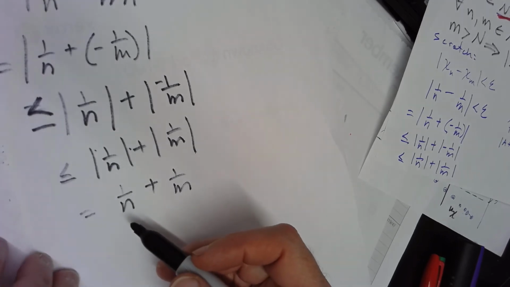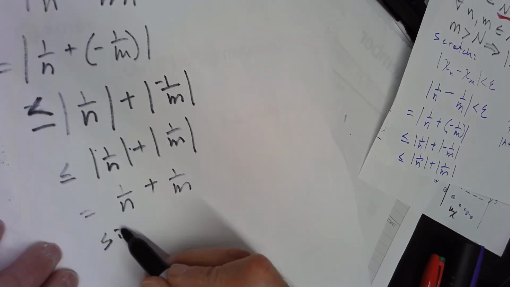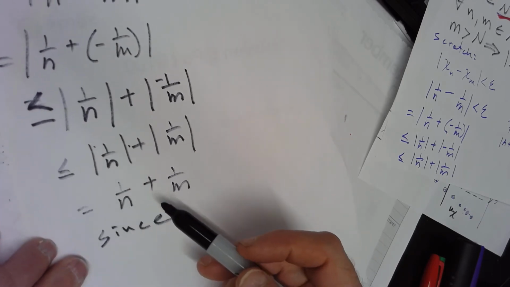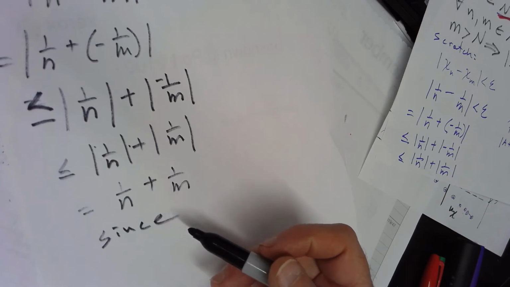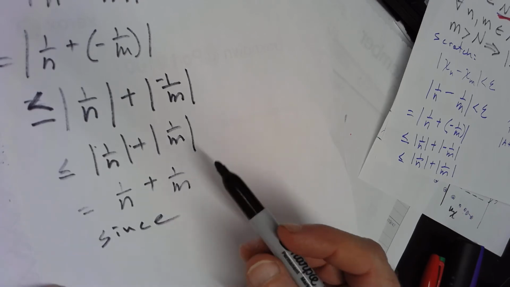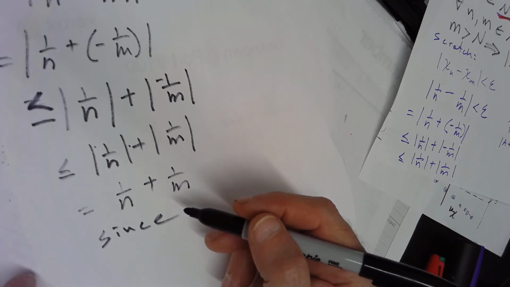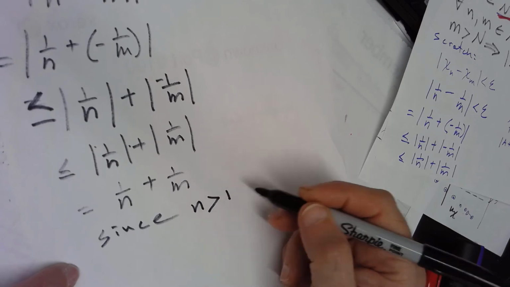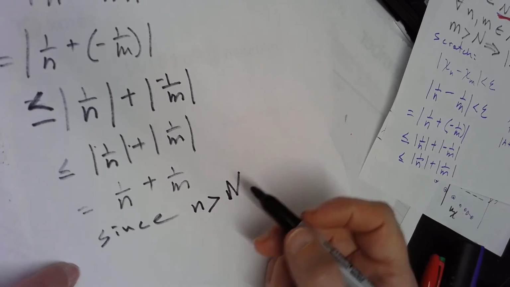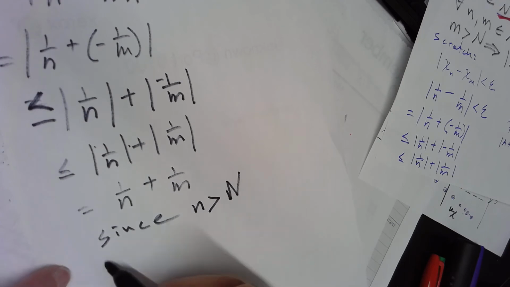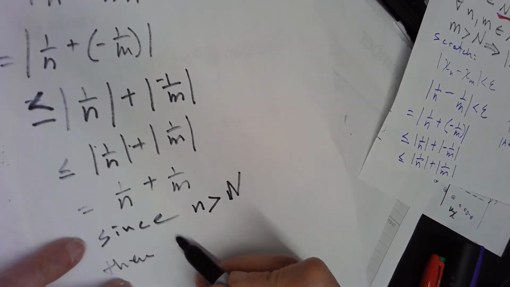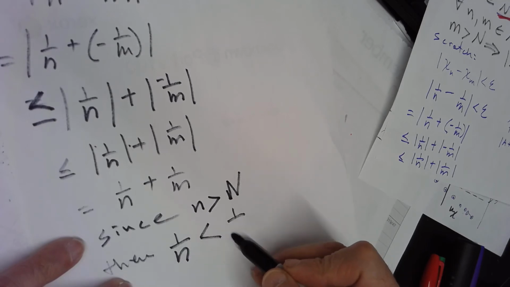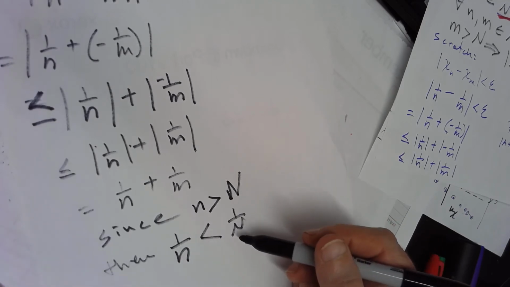and since n is greater than uppercase N, then we can say that 1 over n is less than 1 over uppercase N. Why?